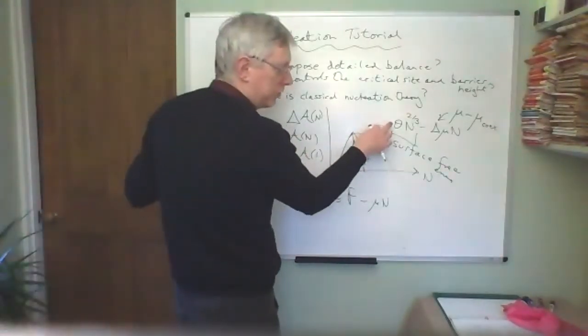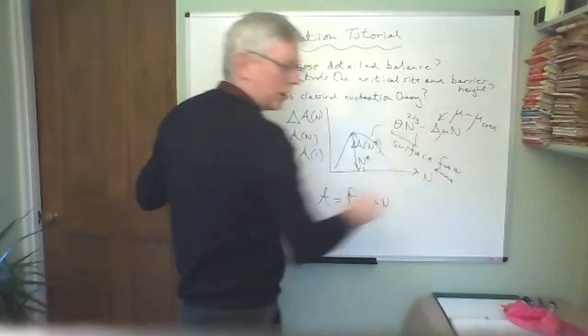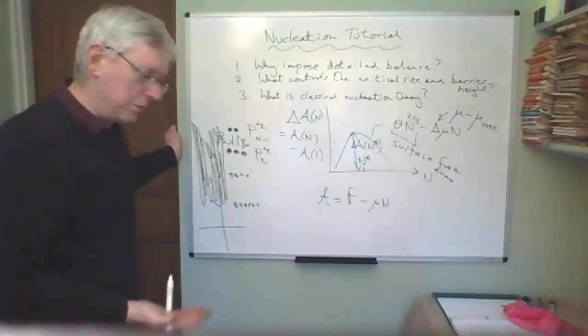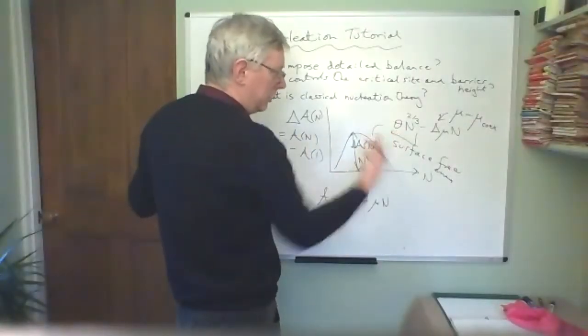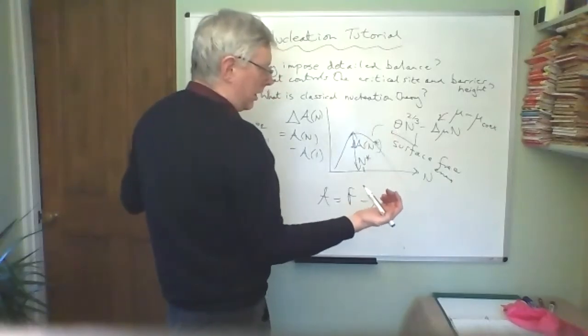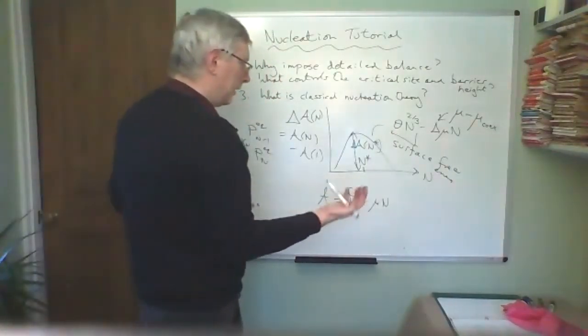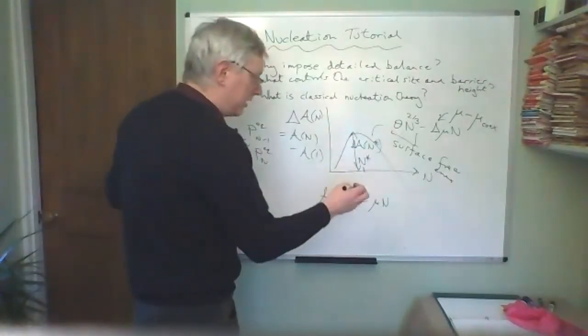Well, things like the surface tension and the elevation in chemical potential over coexistence control the critical size, whether it's 10 molecules or 1 million molecules. They're controlled by these physical parameters of the new and old phases. Right, so that is classical nucleation theory.